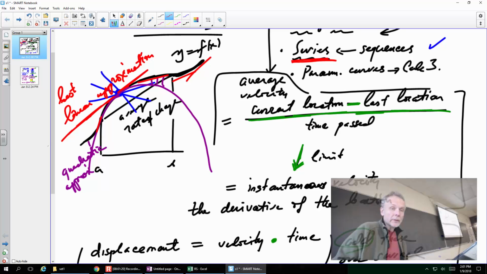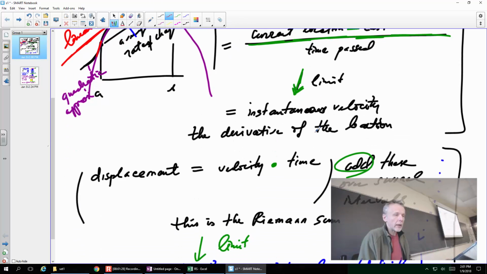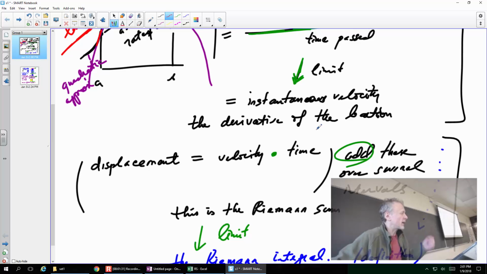And we're going to spend slightly more time on the integral. Okay, so it is a reversal. Instead of trying to find the velocity from your location, we are finding location from velocity.